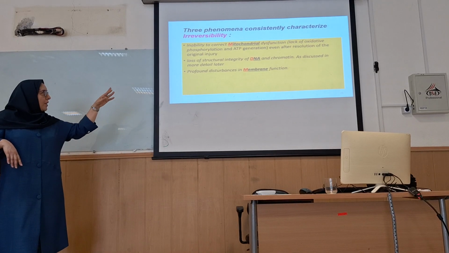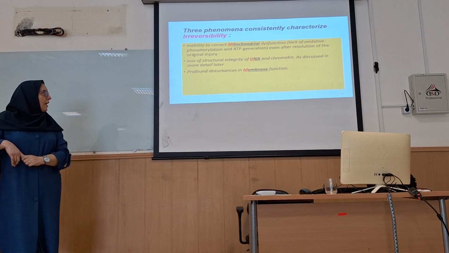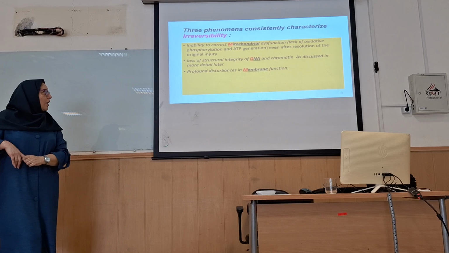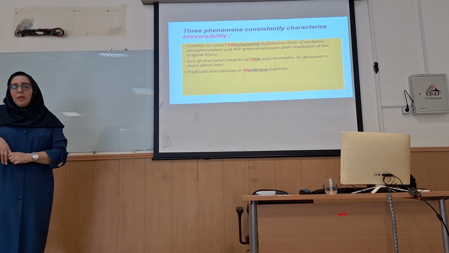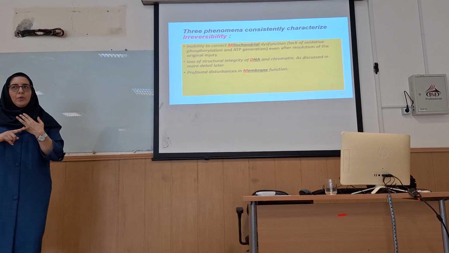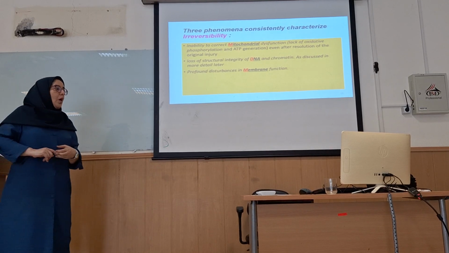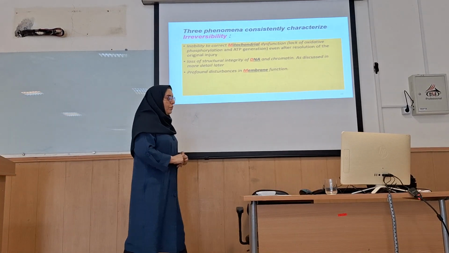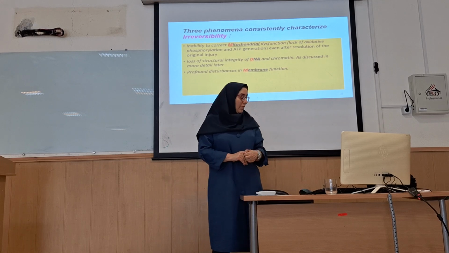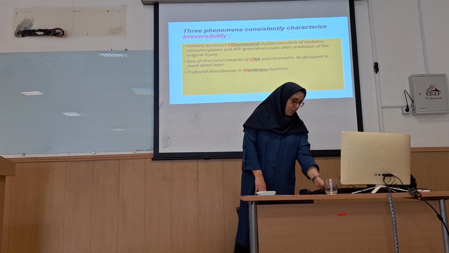Also, loss of structural integrity of DNA and chromatin, and profound disturbance in membranes. So mitochondria, DNA, and membranes are very important in the start of irreversible damage.